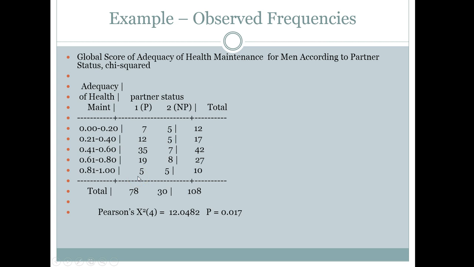So basically, what that tells you is that partnered men have better adequacy of health maintenance. So obviously they have a higher global score, because remember, we put the global score of 20 into five quartiles, and the 1.0 are the ones who are scoring 20, or a perfect score, for their adequacy of health maintenance.